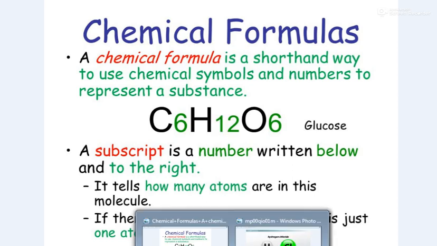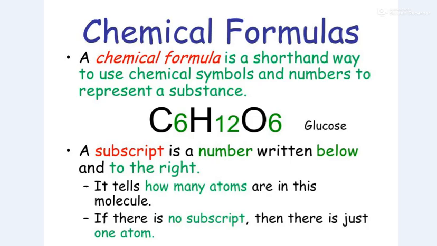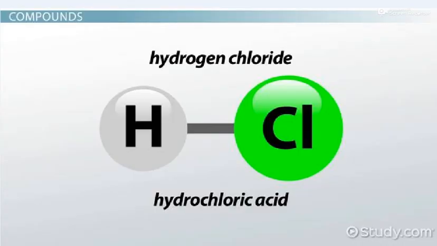Let's take an example, hydrogen chloride. Hydrogen chloride is the combination of hydrogen and chlorine. First you write the metallic part and after that the non-metallic part. So the metallic element is hydrogen, and the non-metallic element is chlorine.